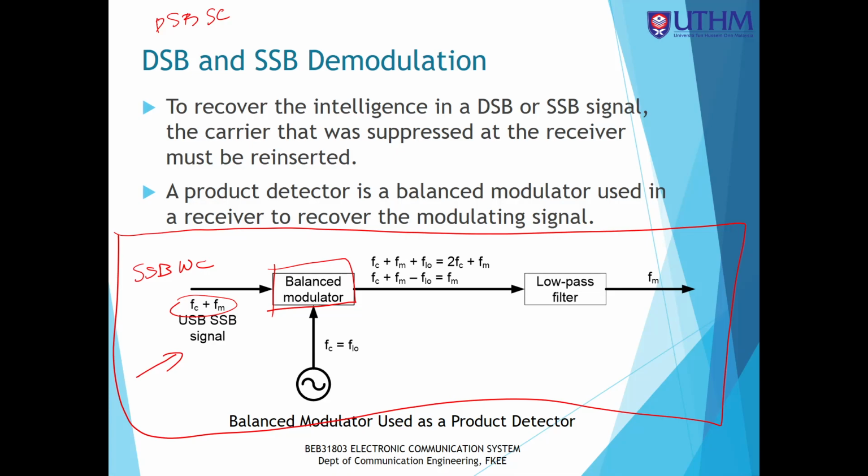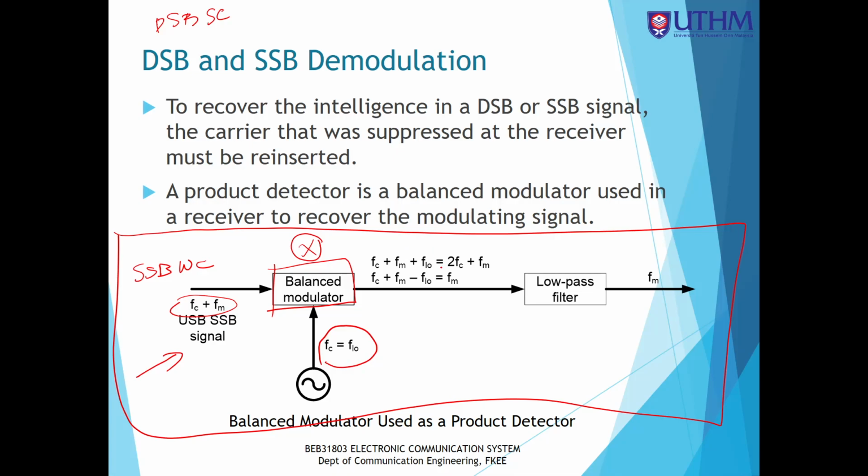So here is the oscillator which oscillates at the carrier frequency. The balanced modulator will do the process of multiplication, so the input is multiplied with the oscillator frequency signal.